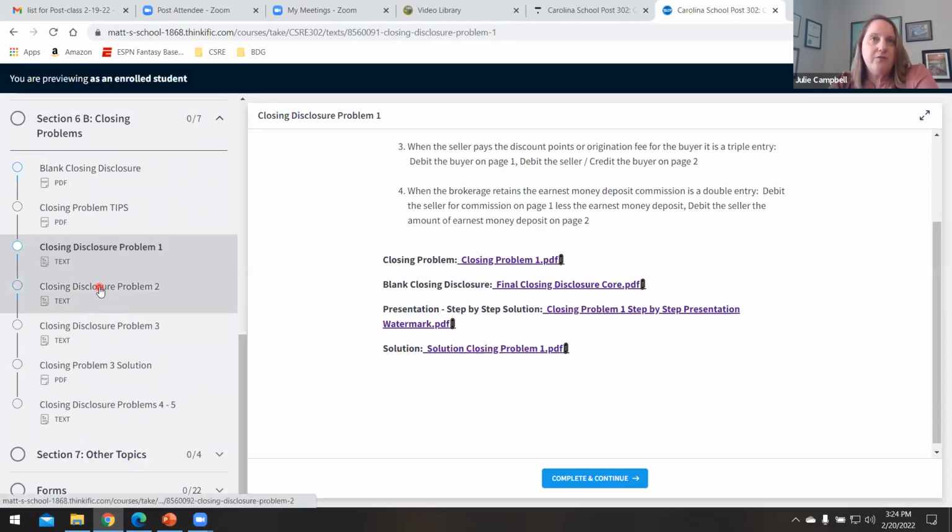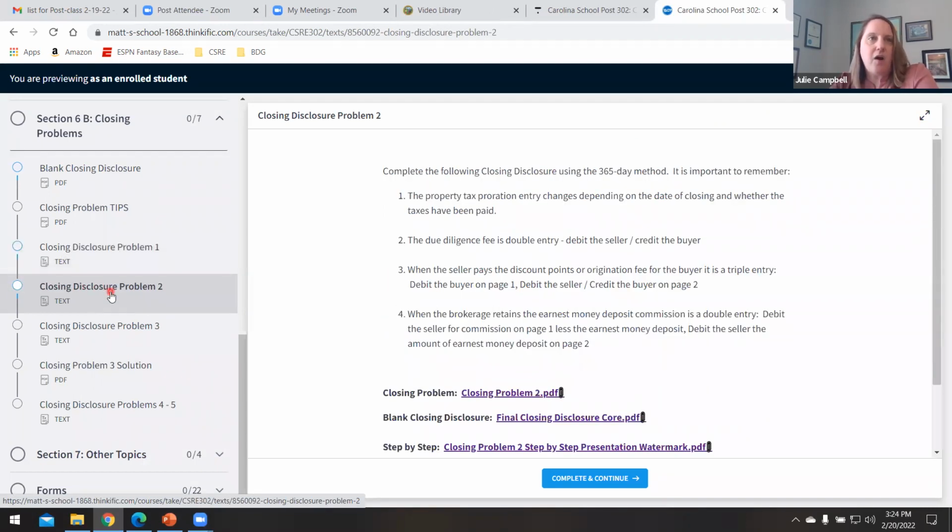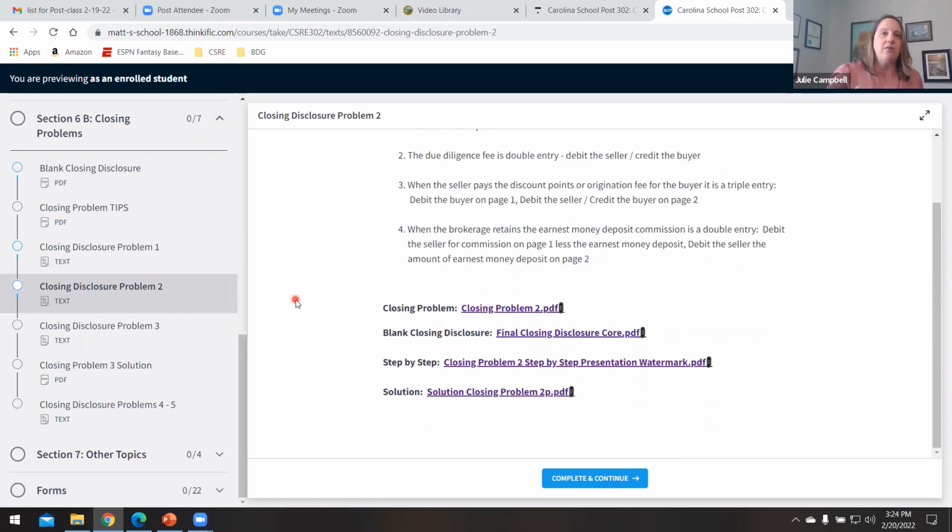The one you guys are doing for your homework recommendation is closing disclosure problem 2. So I'm in Learn Test Pass under the 6B. And it's closing disclosure problem 2. This is the one that we're going to work together next weekend, maybe Saturday or Sunday. Just depends.